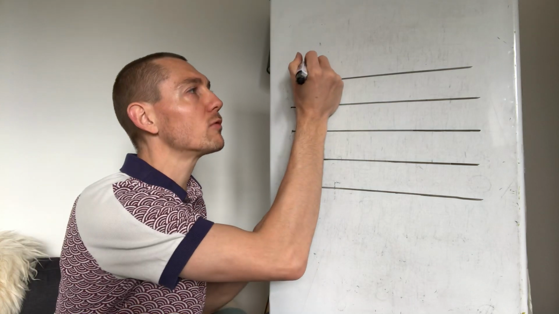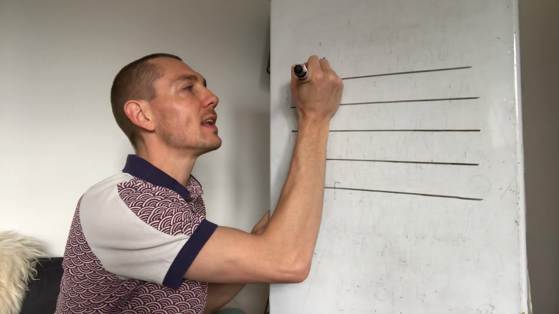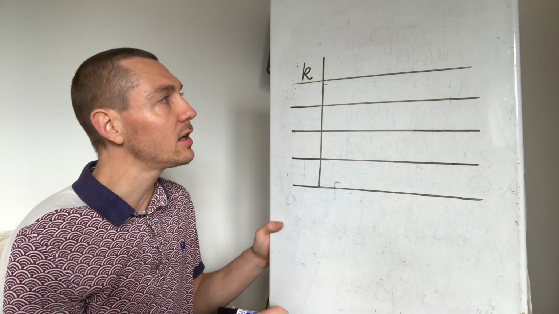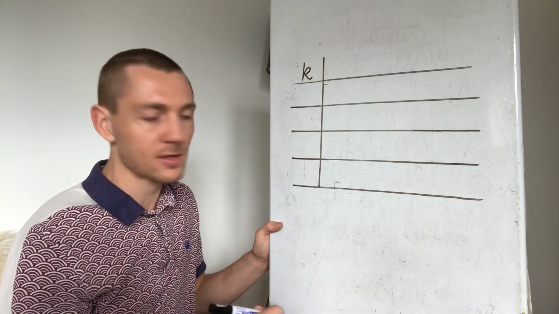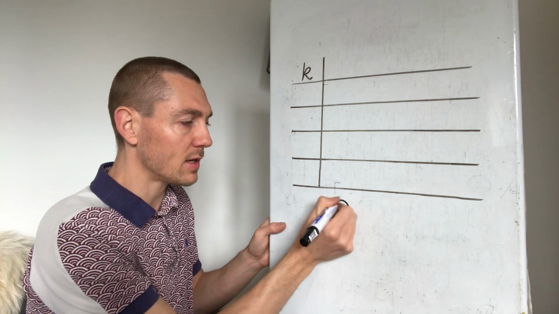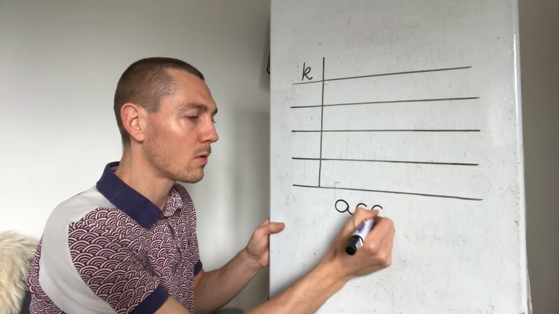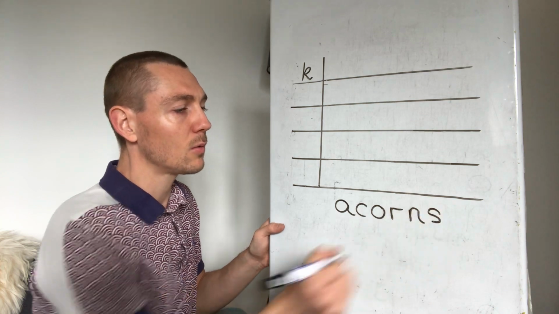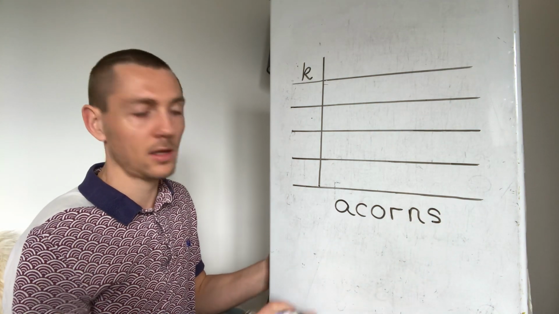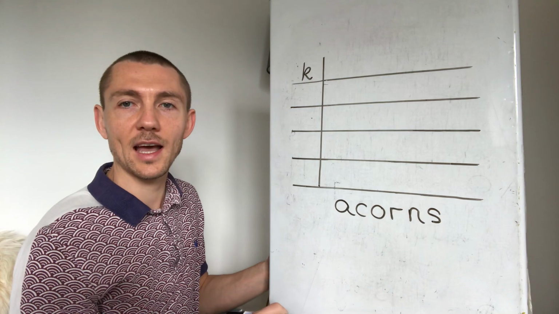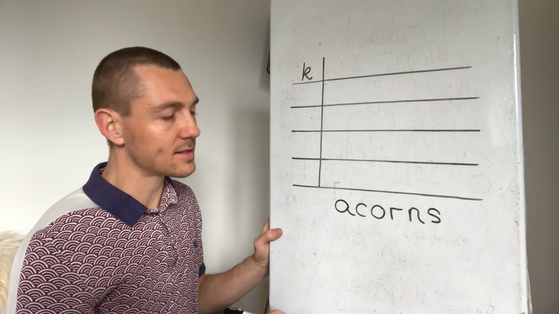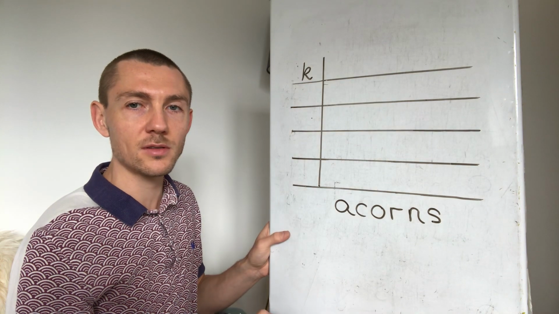Okay, so we know one already. That's the letter k on its own, so we can put that in our first section. That will definitely be there. Might not be the first word though, so be careful. The first word is, one, two, three, acorns. Good. Acorns. So there's a k sound spelling in acorns.